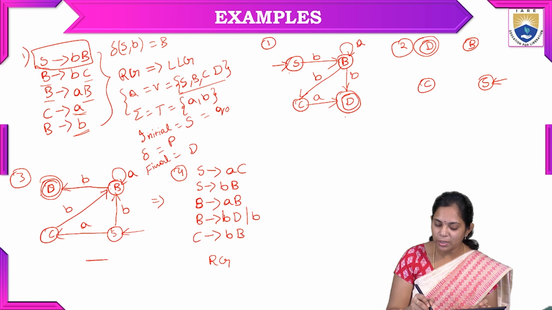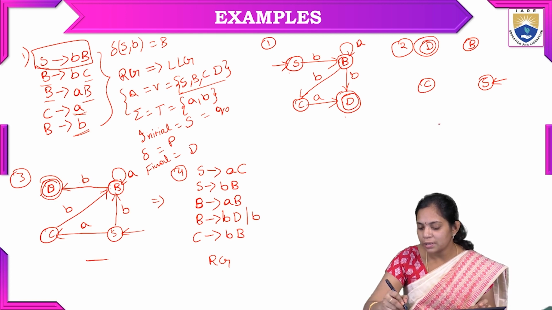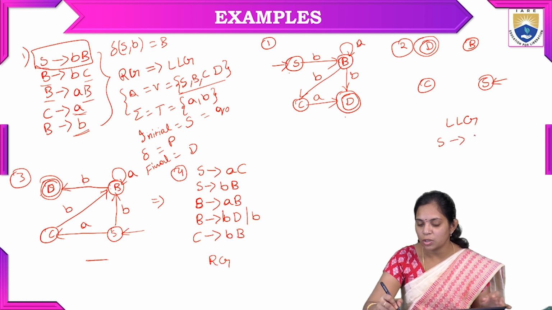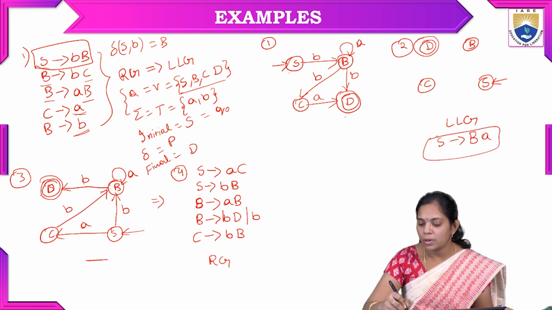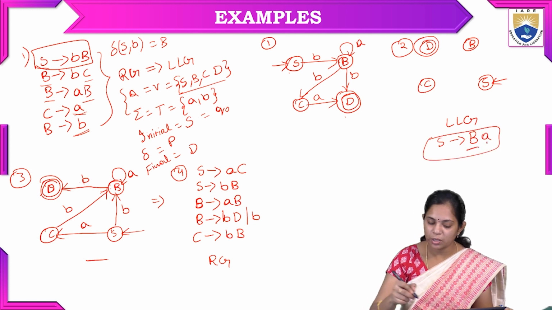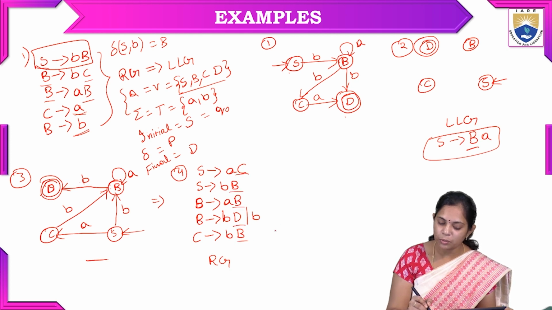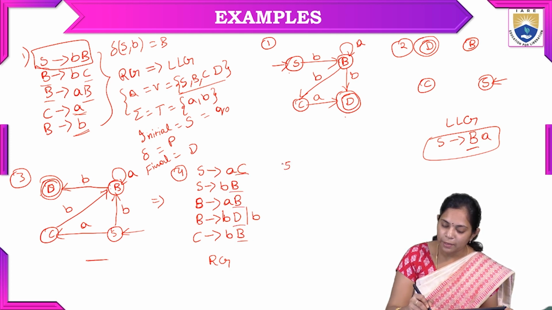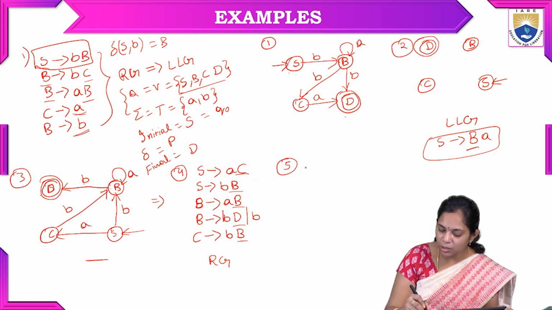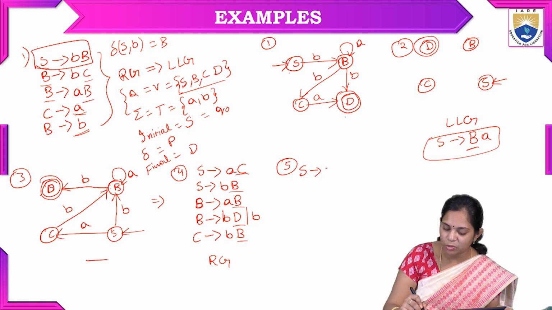Now how to represent the left linear grammar? In the right side of the production rules, there are non-terminals like this, so it is all on the right side. How to change this? We will just change the positions of the terminal and non-terminals in the right hand side. Only the right hand side we have to change.